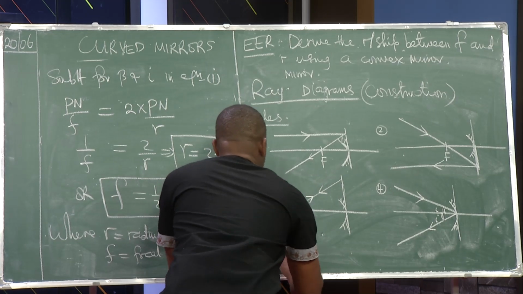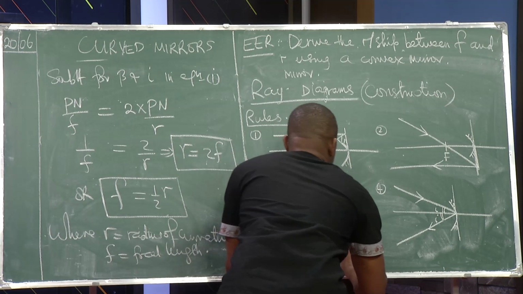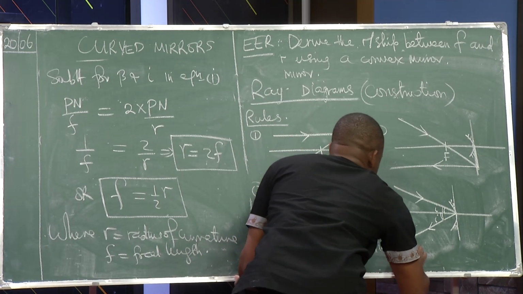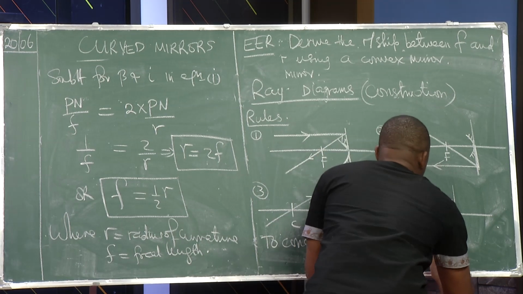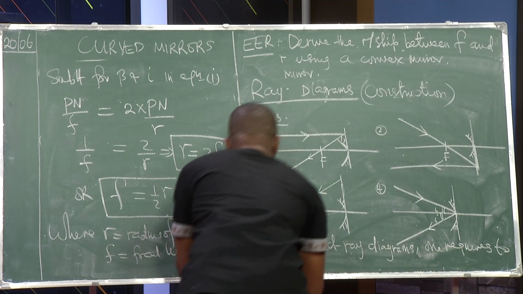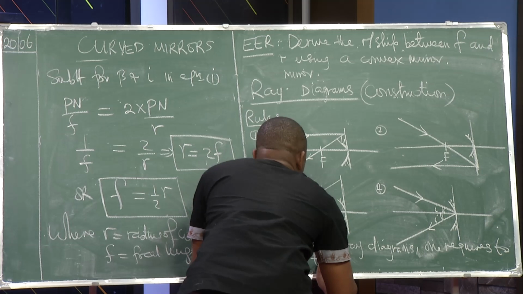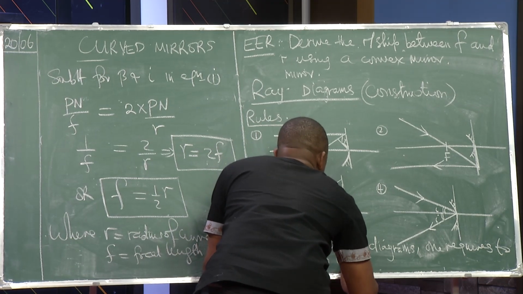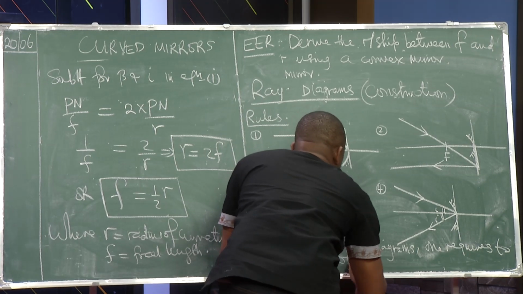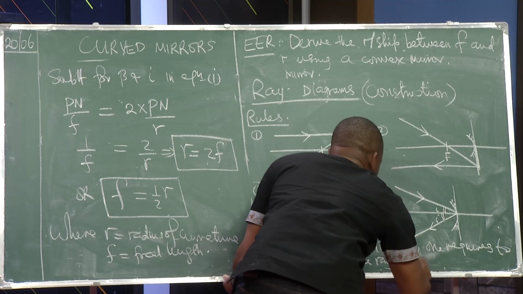Now, to construct ray diagrams, one requires to use only two of the rays above.